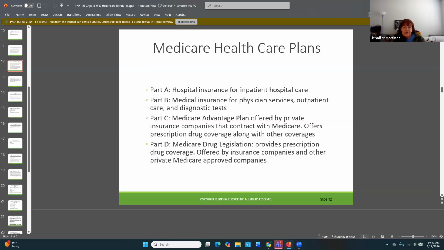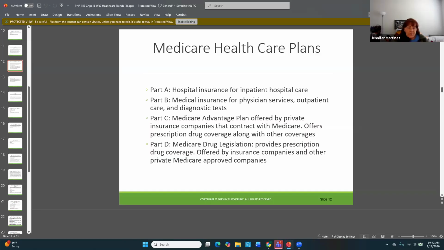Part C is what we call the Medicare Advantage plans. I think it's starting in like November. I just remember seeing all the commercials and hearing it on the radio. Open enrollment for Medicare, I think, is in like the first part of December, so you'll start hearing all these commercials for these Advantage plans.